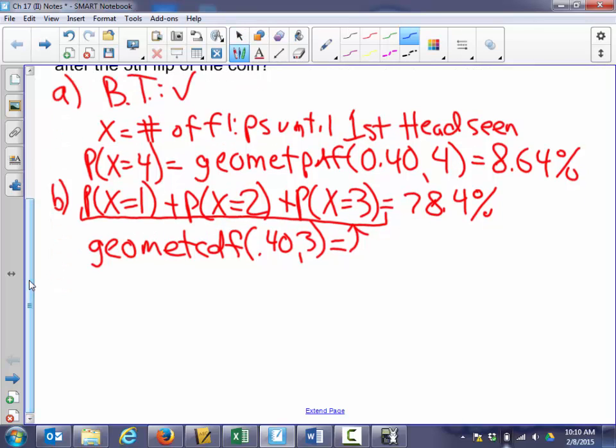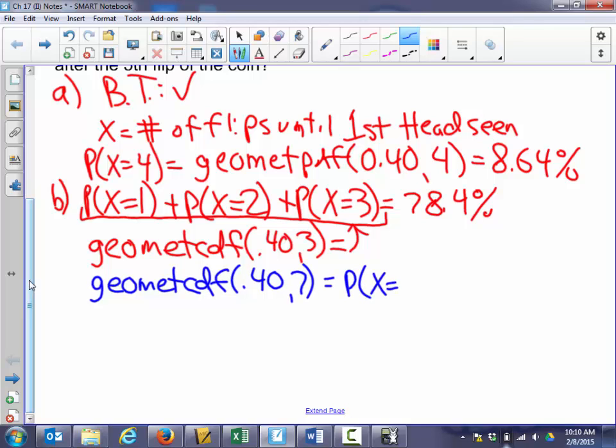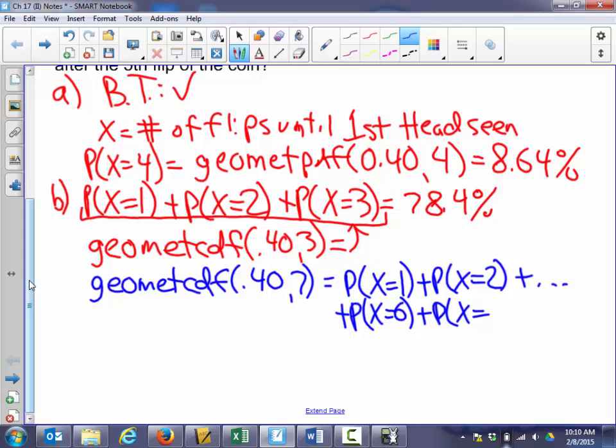So if, for instance, in a different color here, let's deviate from the problem just a little bit. If I enter in geometCDF, let's go with the same probability of success for a head, 0.40, comma 7, that's going to give me the probability that you see your first success on the first trial, plus the probability that you see your first success, not with the plus sign, with an equal sign, on your second trial, onwards and onwards, up to the probability that you'd see your first success on your sixth trial, up to your seventh.